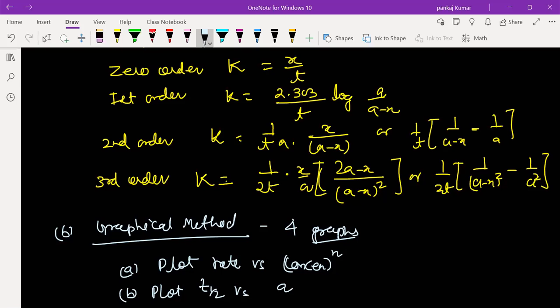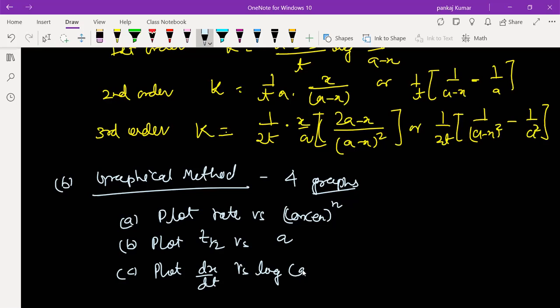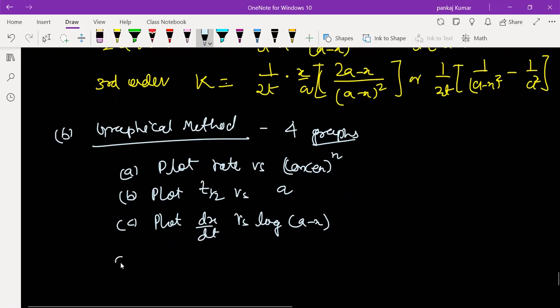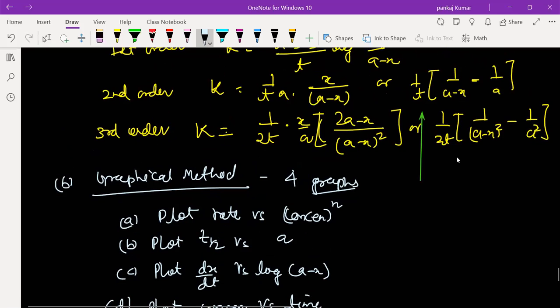The third graph is to plot dx by dt versus log of a minus x. And the last graph is to plot concentration versus time. So they are the four graphs.